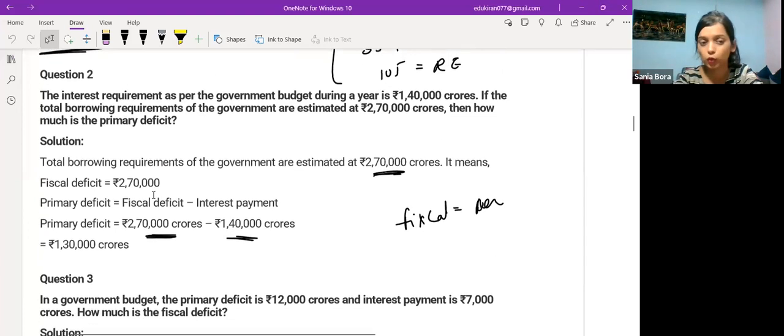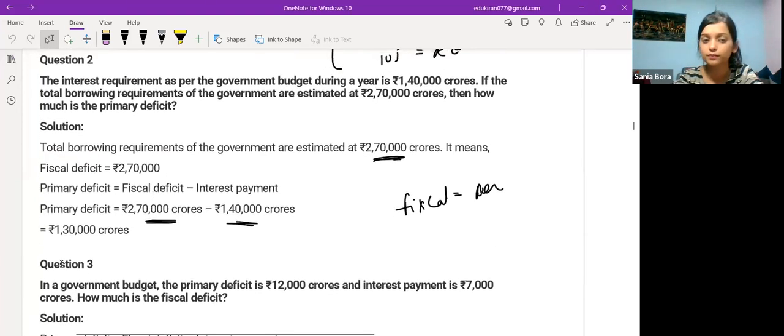Okay. Now third one. In a government budget, the primary deficit is 12,000 crore and the interest is 7,000.